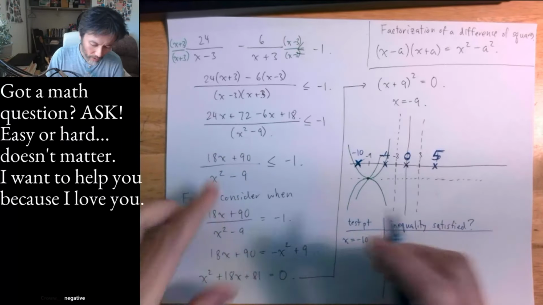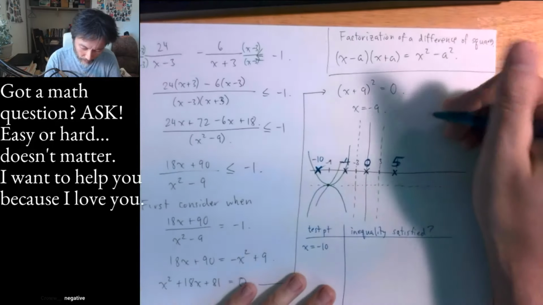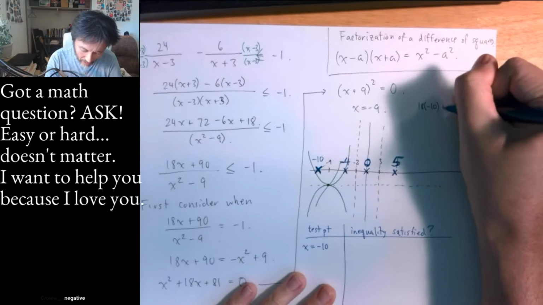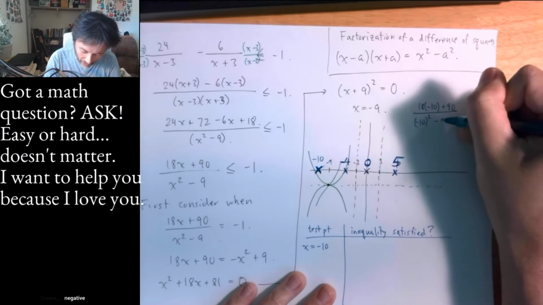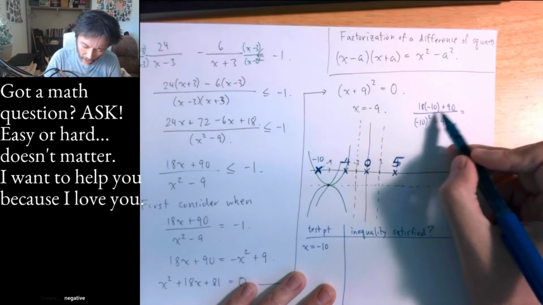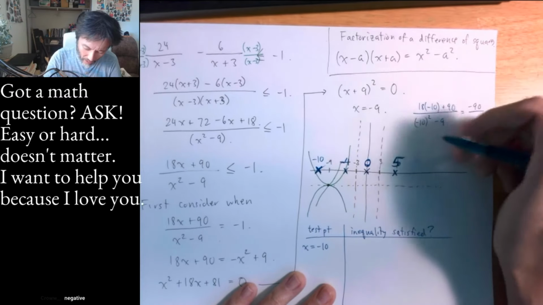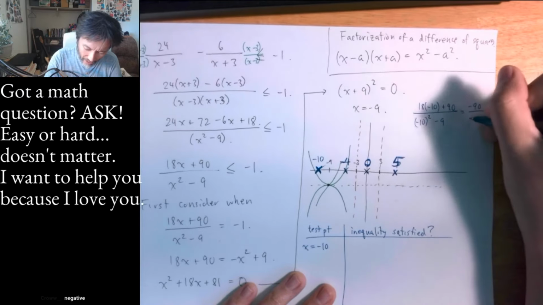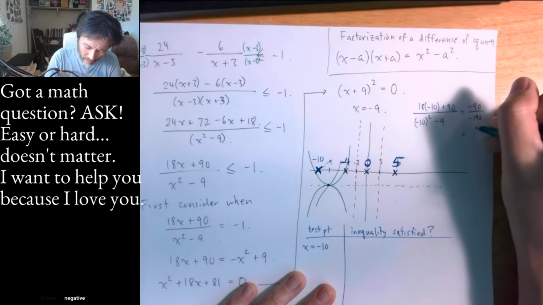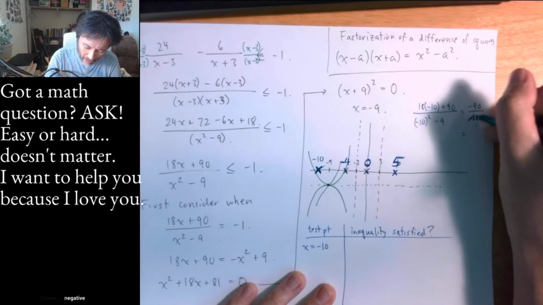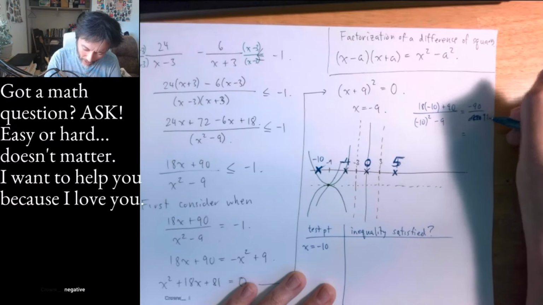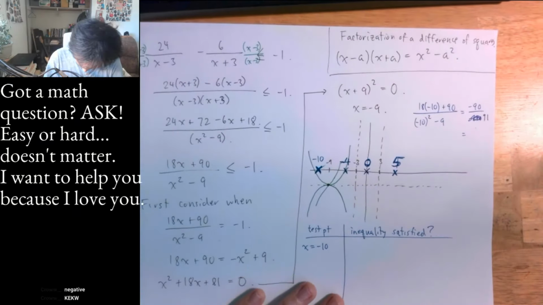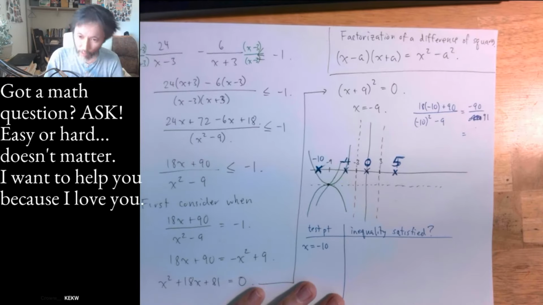So let's do the arithmetic here. 18 times -10 plus 90 divided by -10 squared minus 9. So upstairs we get -180 plus 90, so that's -90 divided by 91.